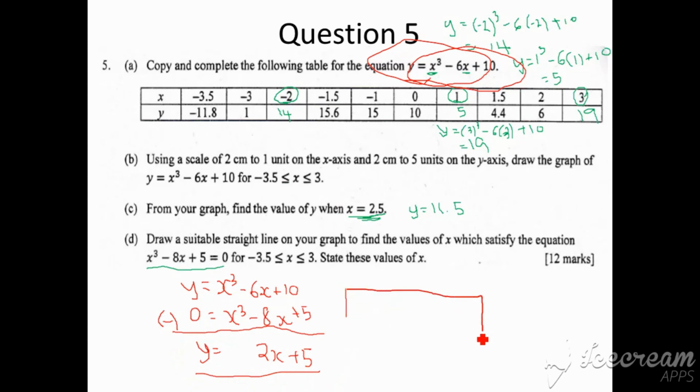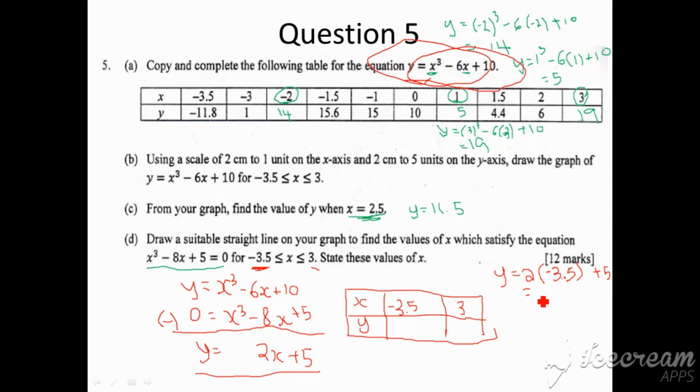Okay, to draw this straight line, we have to draw a small table. X, y. Then the range is negative 3.5 to 3. So negative 3.5. Another one is 3. Then to find the value of y, you just substitute x equals negative 3.5 into this equation. So y equals 2 times negative 3.5 plus 5.